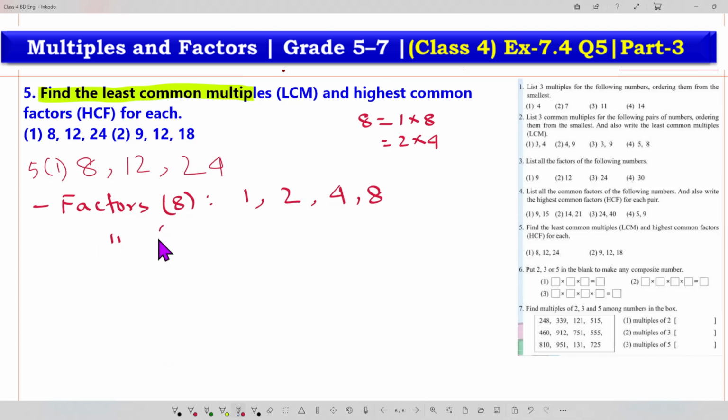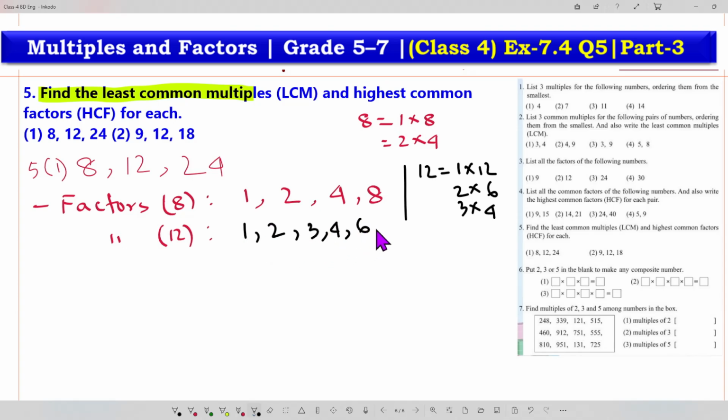Then factors of 12. 12 equals 1 times 12, 2 times 6, 3 times 4, and 4 times 3 already wrote. So here is 1, 2, 3, 4, 6, then 12. Then factors of 24.